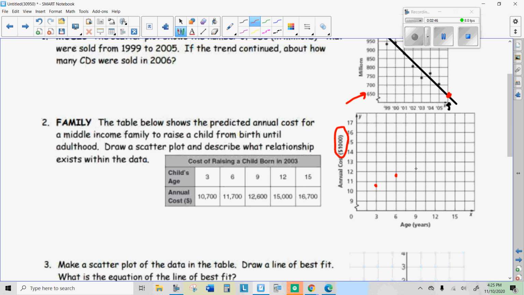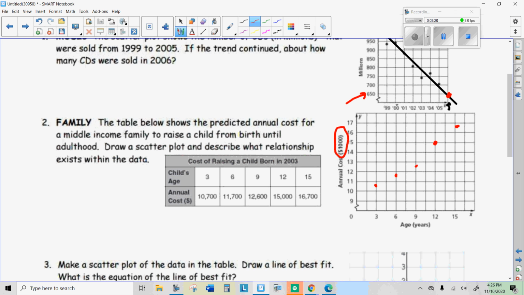You can finish that up, but what I'd like to show you is it says describe what relationship exists in the data. Let's go ahead and finish the graph, so we can see if we see a correlation here. 9, 12,600, 12, 15,000, and 15, 16,700.